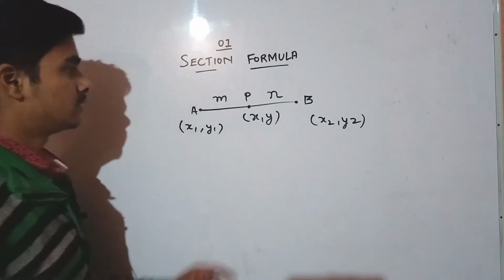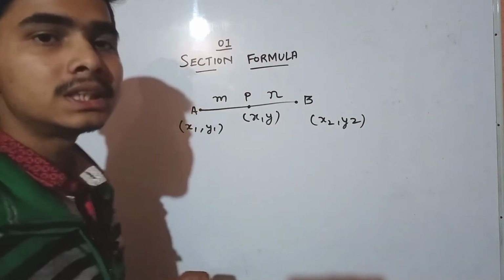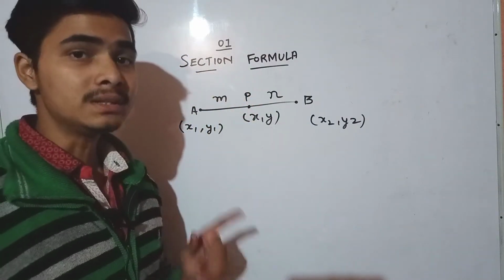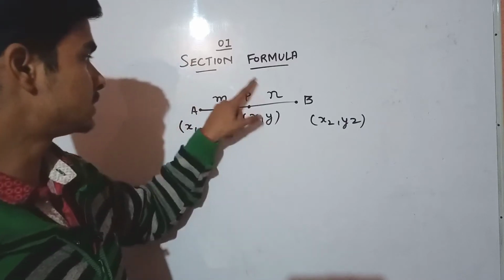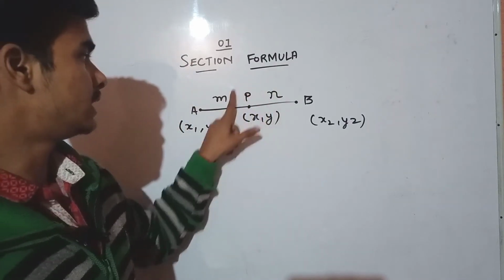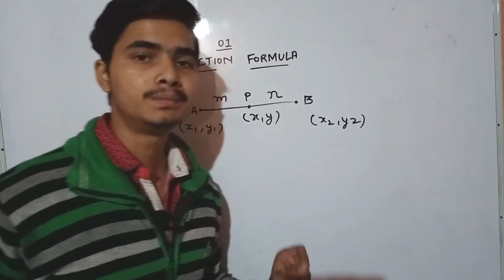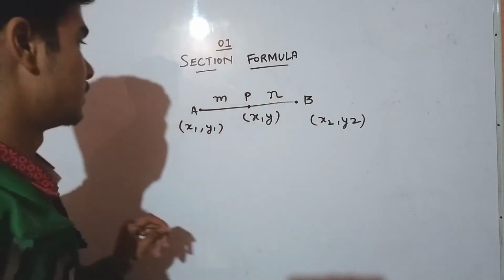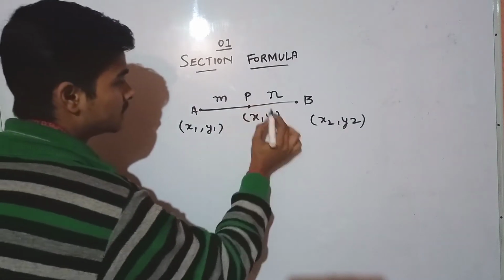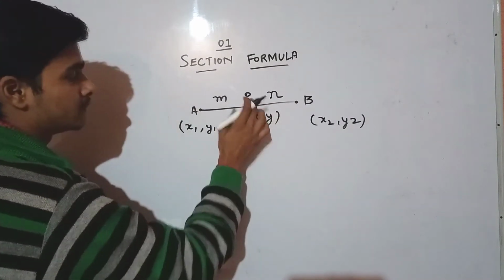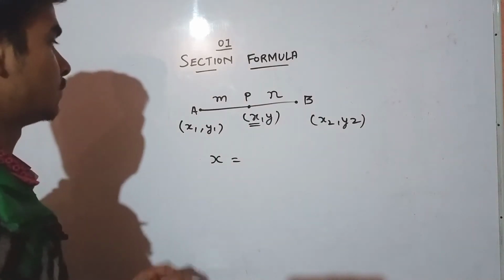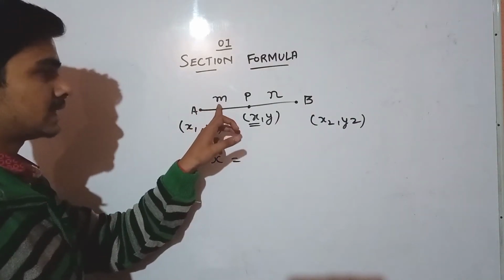Now what is the important thing we need to find? In this chapter we mainly have to find the coordinate of this point, and to find the coordinate of this point we give a formula. What is the formula? See here, to find the x coordinate of this point, we multiply this m ratio.